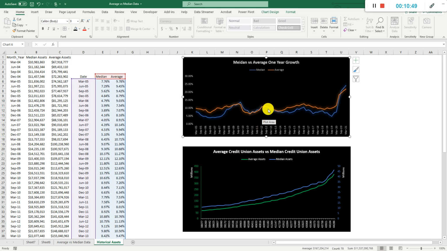We see that the average normally grows higher than the median. Now they have all the same symmetry. There was a decline in median and average in 2010, most likely due to the financial crisis, of course. And in 2020 there was a sharp increase for the median and the average.